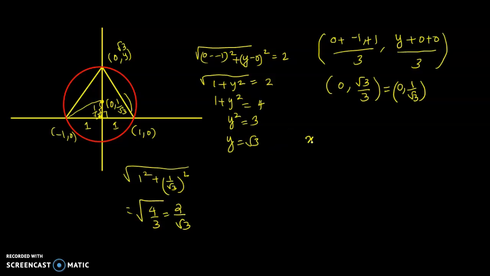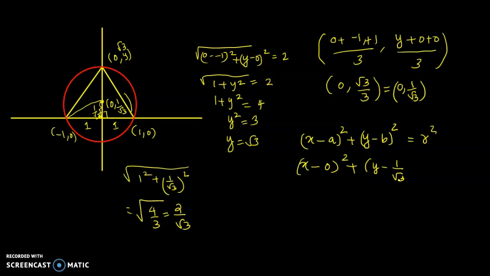The equation of the circle is given by (x minus a) the whole squared plus (y minus b) the whole squared is equal to r squared. The coordinates of the center are 0 and 1 by root 3. So (x minus 0) the whole squared plus (y minus 1 by root 3) the whole squared is equal to, the radius is 2 by root 3, so (2 by root 3) the whole squared.